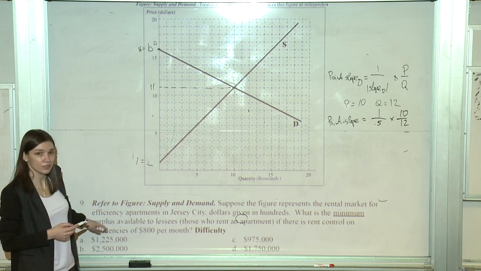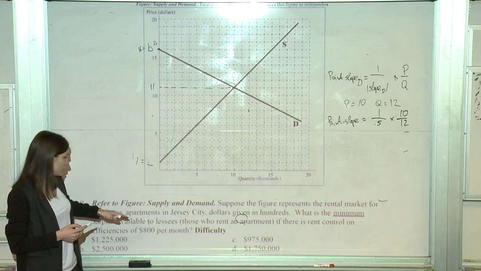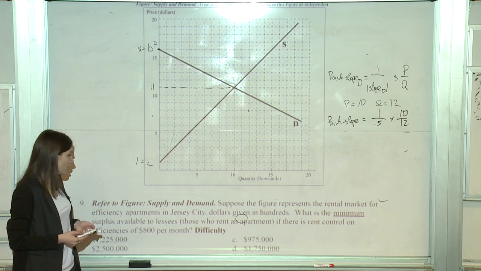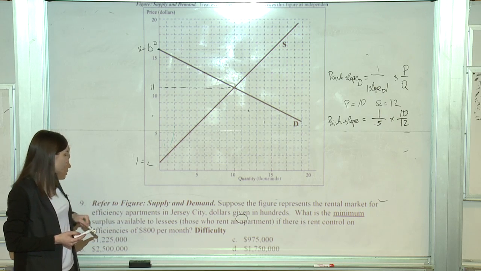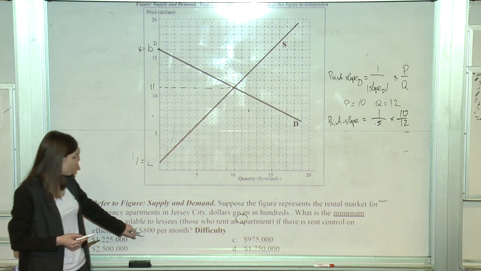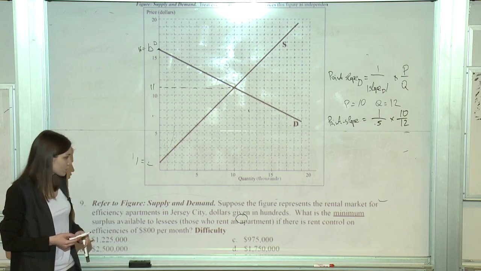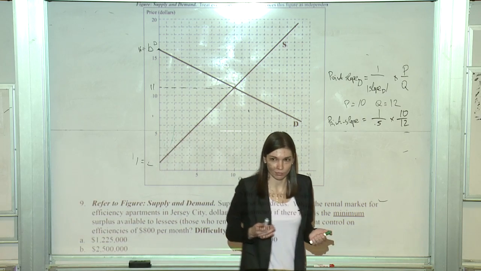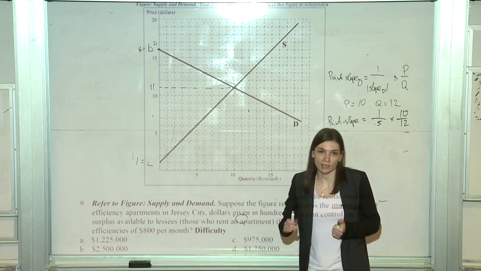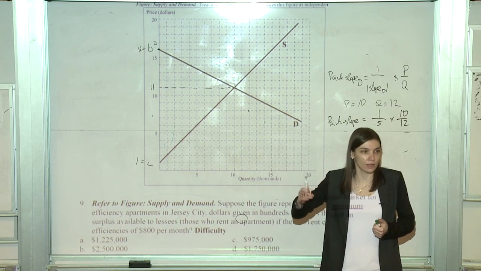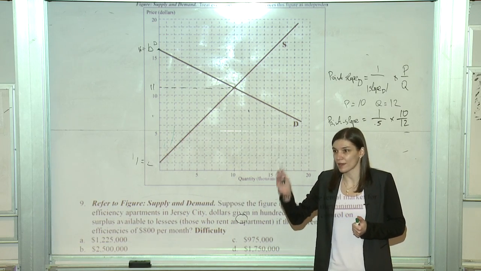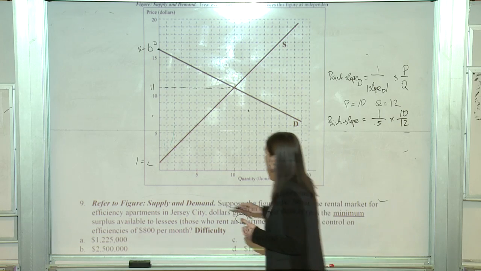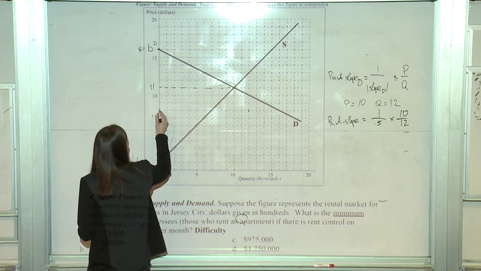What is the minimum surplus available to lessees, which is the buyers in this case, because this is apartments, if there is rent control on efficiencies of 800 per month? What does rent control represent in general? A price ceiling. It says that you cannot sell or rent these apartments for more than that amount. So we have a ceiling of 800 per month. 800 is here.